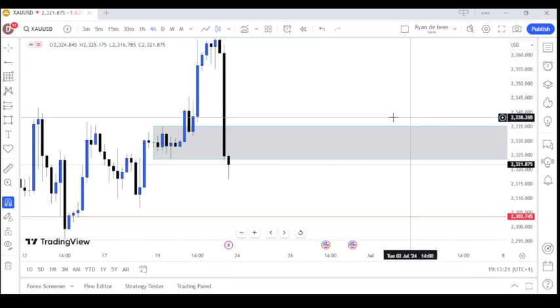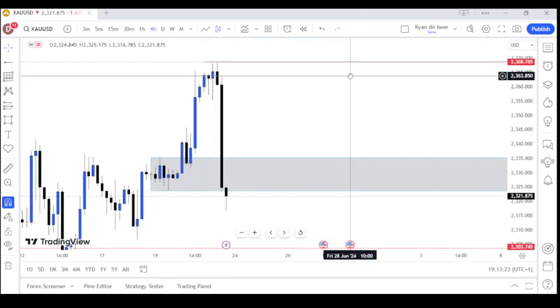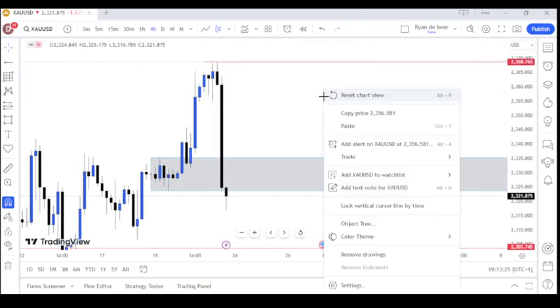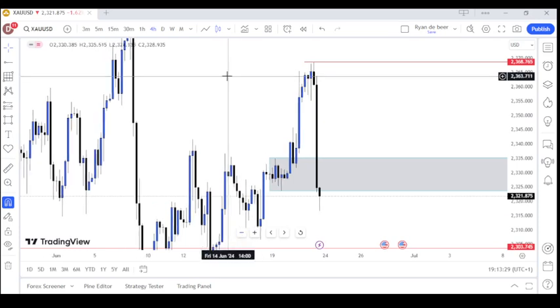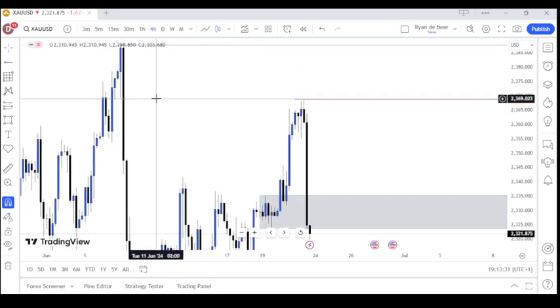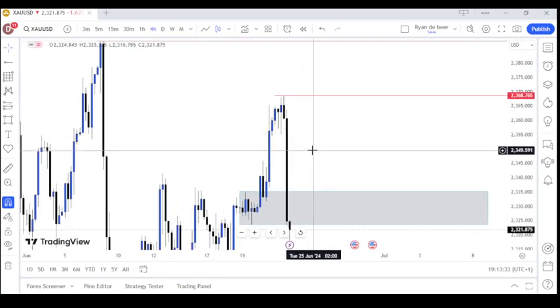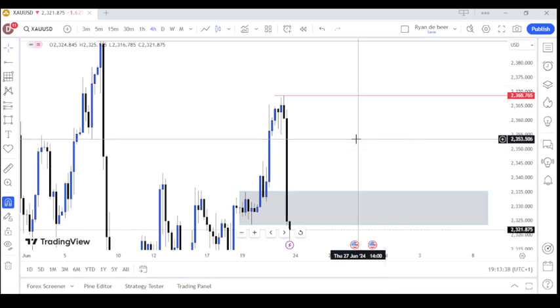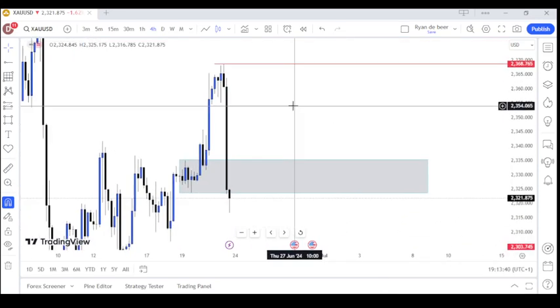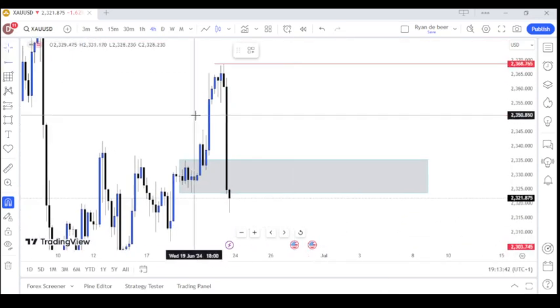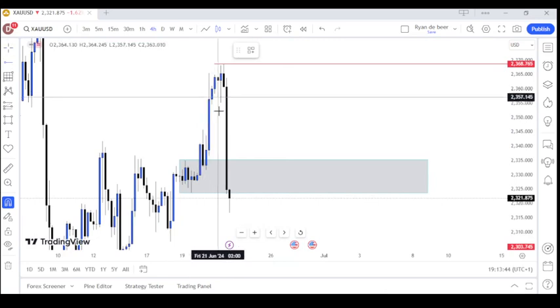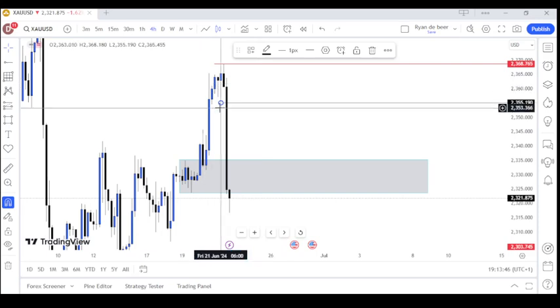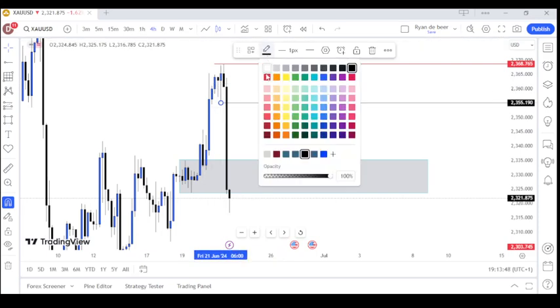On the 4 hourly time frame, we can clearly see that we broke structure towards the downside. We filled in this imbalance over here, which also broke structure towards the downside. We pushed down and okay, yeah, we got that.